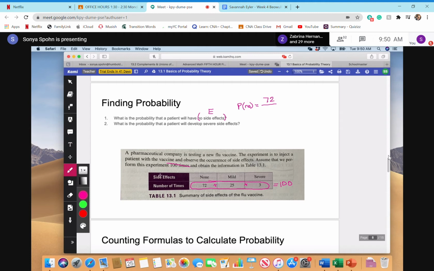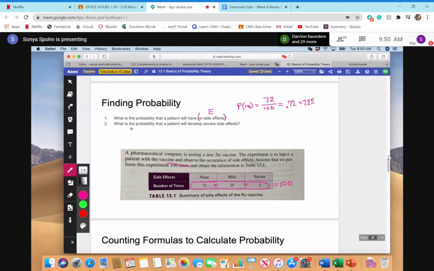How many do we have total? 100. You can turn that into a decimal or a percent: 72%, 0.72, or 72 over 100.